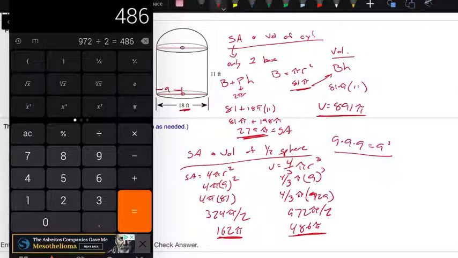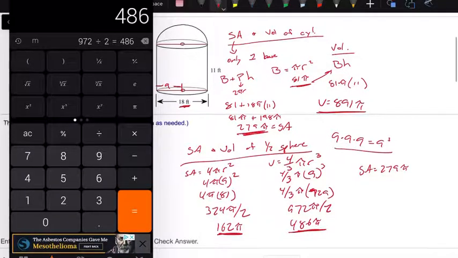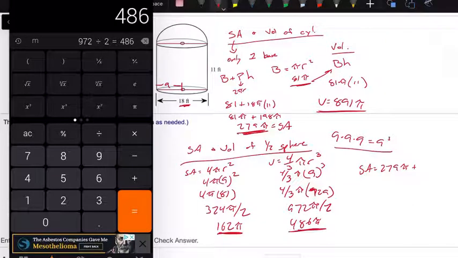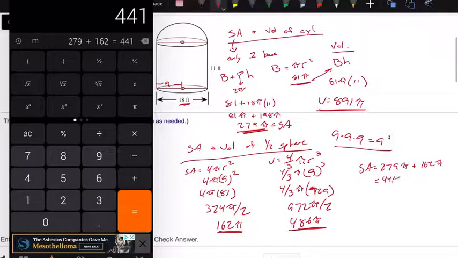All right, to get a final answer for surface area, we're going to take the 279 pi from the cylinder and add to that the 162 pi of the half sphere. Okay, and that's going to give us 441 pi.